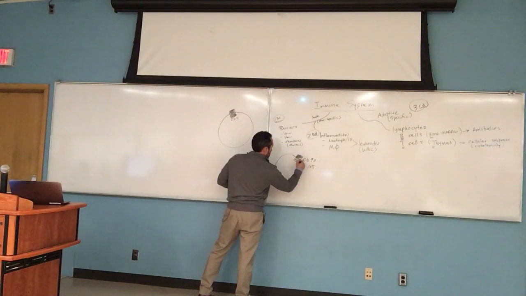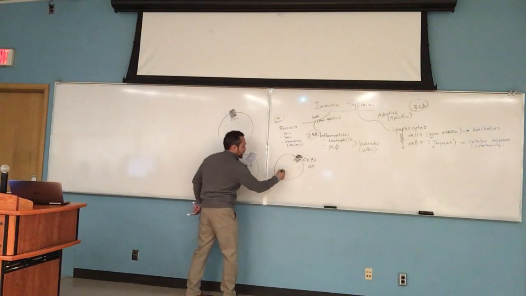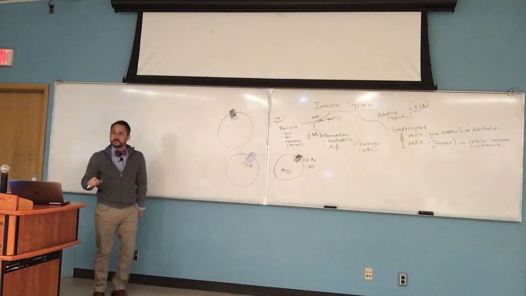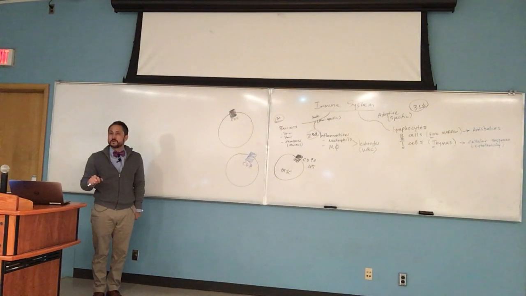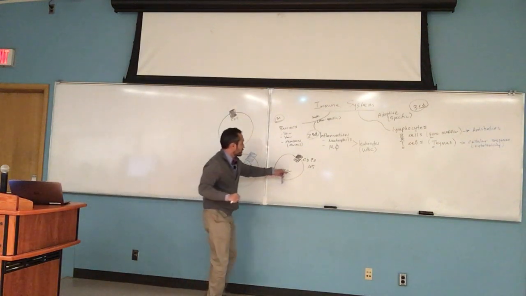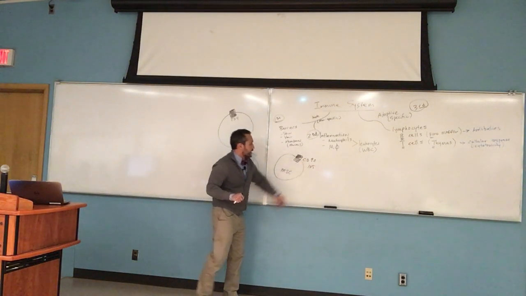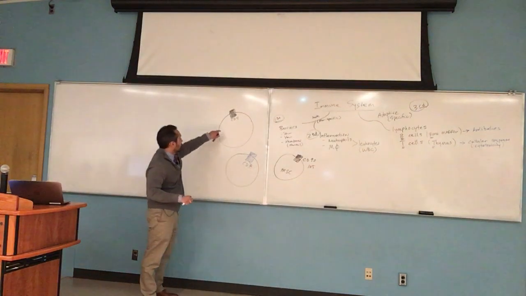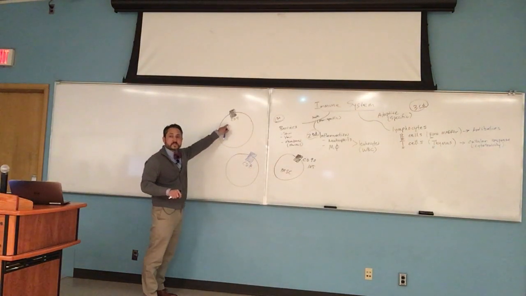This CD90 or 105 is actually a marker, an indicator of a mesenchymal stem cell, like what we learned about in the last lecture. So these labels of CD90 or 105 tell us that that's a mesenchymal stem cell. This CD4 tells us that this is a very specific type of T cell.